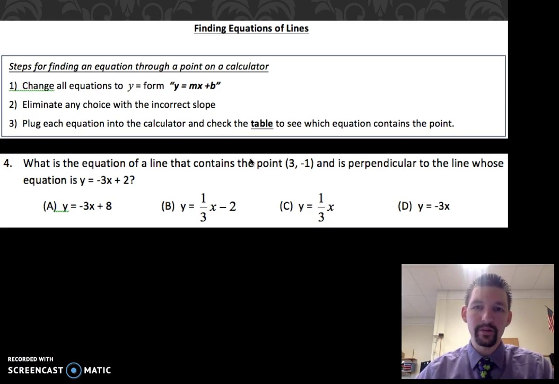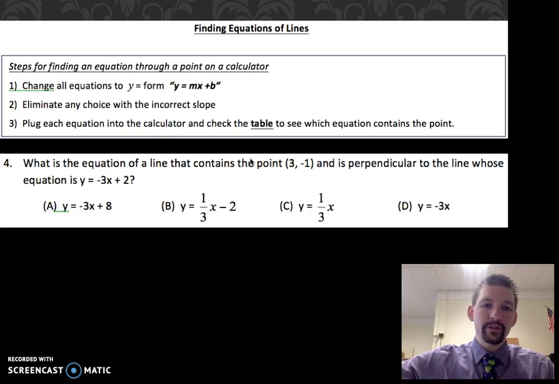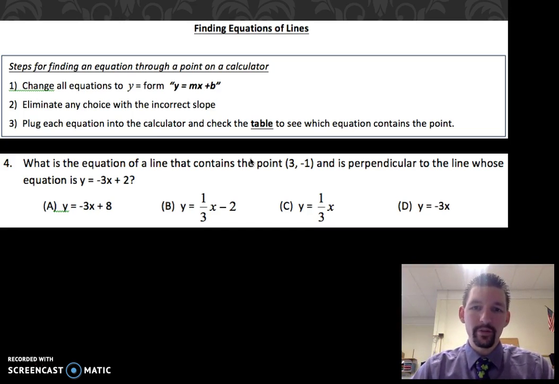Moving on to some other stuff, finding equations of lines. So if you want to find an equation through a point on a calculator, you want to change your equations to y equals mx plus b, eliminate any choice with the wrong slope, and then plug each equation in the calculator and check the table to see which one contains the point that you're looking for.